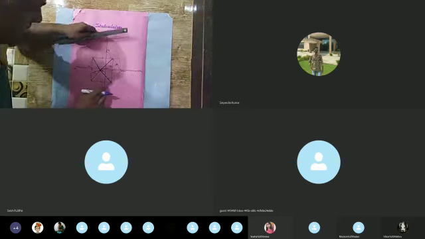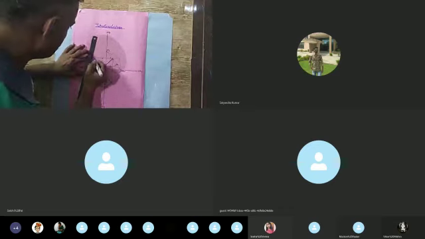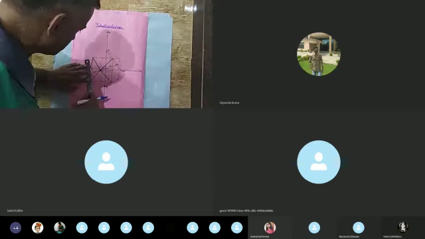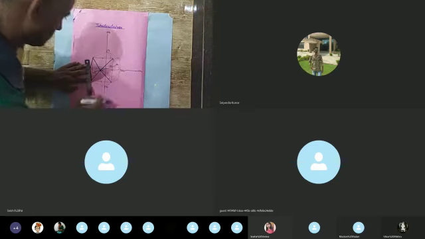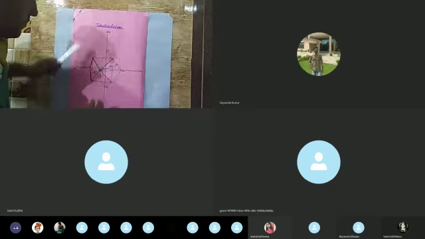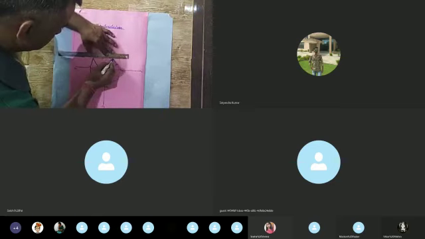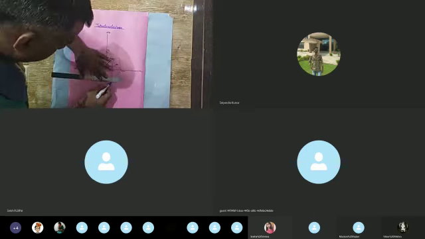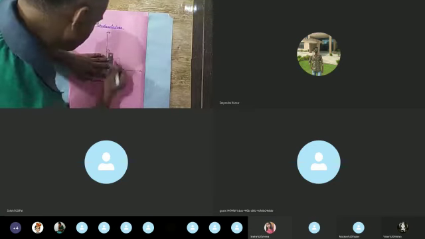This is minus A2 and this is a square. This is square 1, and these are front faces.